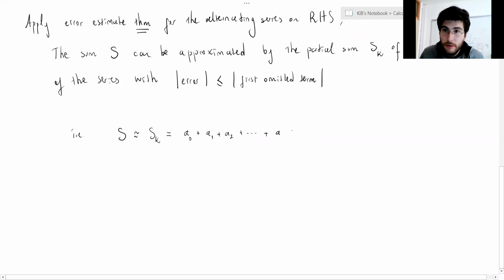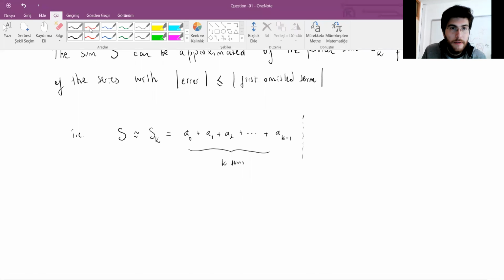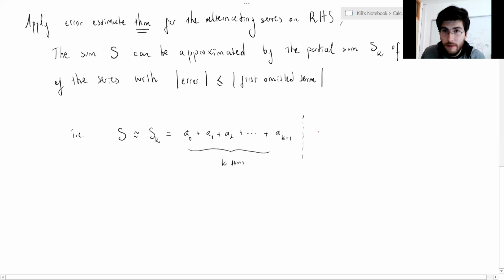What was the final term? If you have k terms, the last is a_(k-1), right? So this is exactly, now you have k many terms. Be careful. Therefore, the first omitted term here is not k plus 1. The first omitted term is actually a_k.